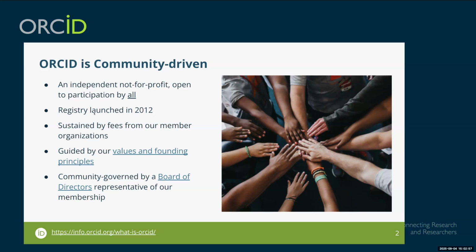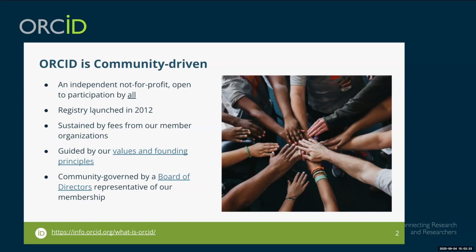We're sustained entirely by fees from our member organizations, and those include universities and research institutions, publishers, funders, government agencies, etc. And we're guided by our values and founding principles, and our mission and focus is on enabling disambiguation for researchers and linking them reliably with their research activities, their research outputs, and their organizational affiliations. We're governed by a board of directors who are elected from our membership base.